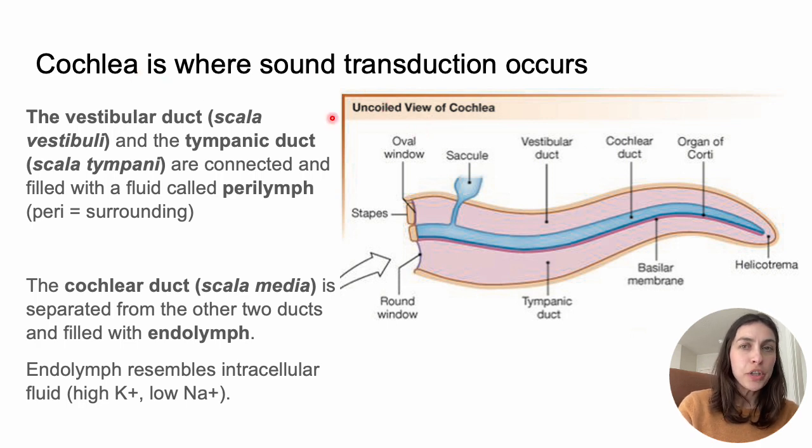So first we'll look at the cochlea, the snail-looking part of the inner ear, which is where the sound transduction is occurring. Remember, transduction is the process of taking a certain form of energy.